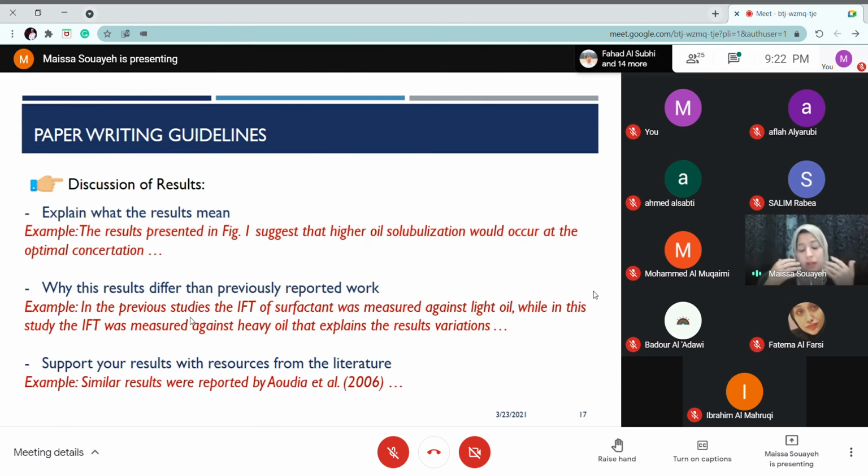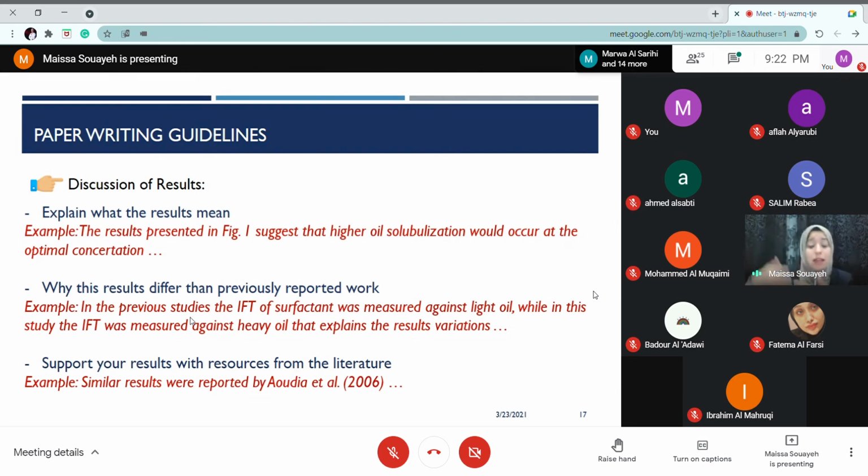As I told you, in papers nowadays, the results and discussion is one section, it's not separate. I separated them for the sake of explaining each one alone and to differentiate between them. So I present my results, and then this behavior suggests this, this is the suggested behavior.